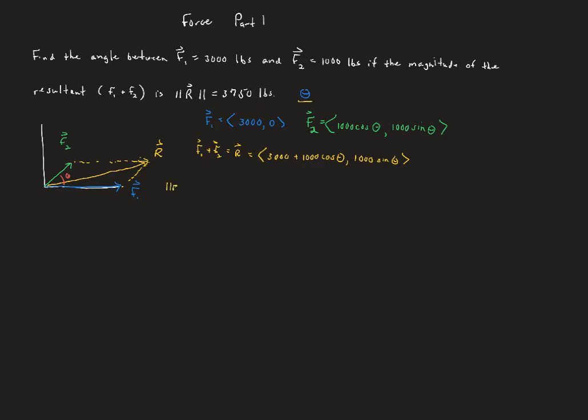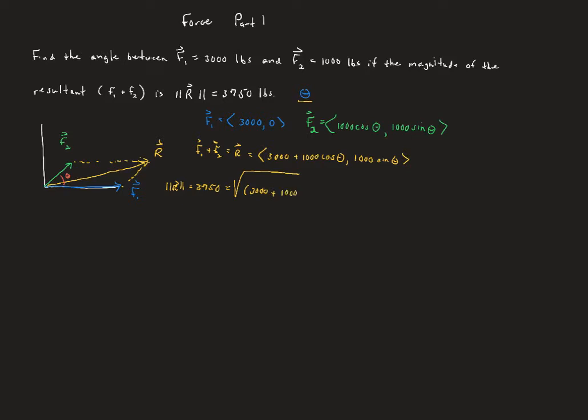We know the magnitude of that resultant vector is 3,750 pounds, and the magnitude of a vector, its length, comes from the Pythagorean theorem. These numbers are going to get messy.